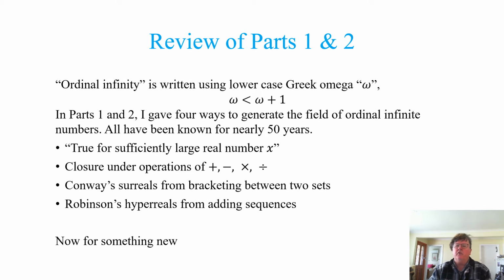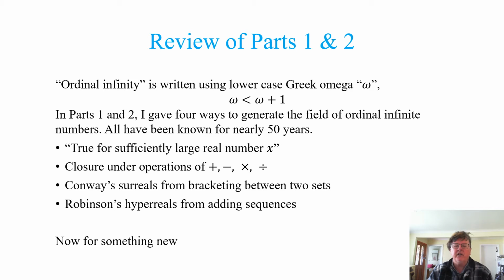First, a review of parts 1 and 2 of this talk. Ordinal infinity is written using the lowercase Greek omega, which is the lower half of the normal infinity symbol. In parts 1 and 2, I gave 4 ways to generate the field of ordinal infinite numbers, all of which have been known for nearly 50 years.